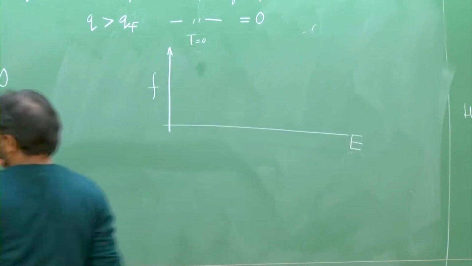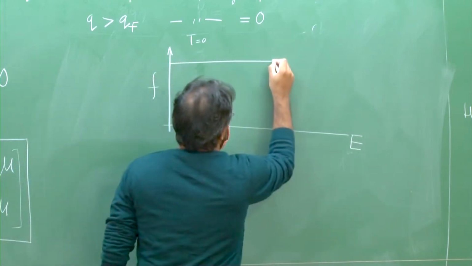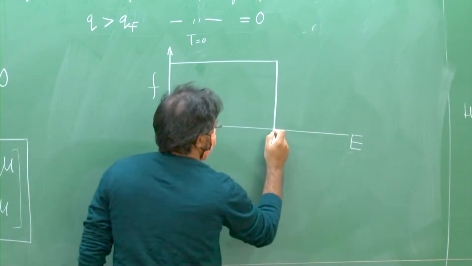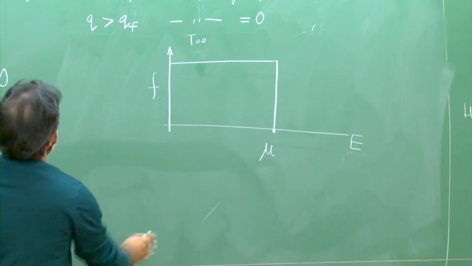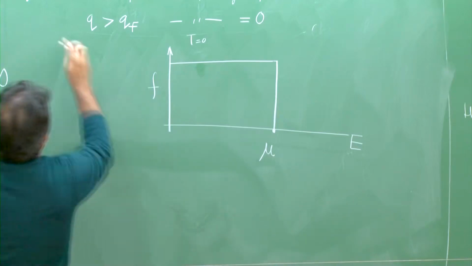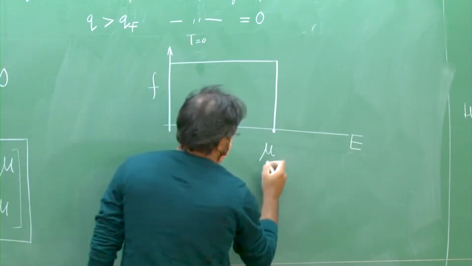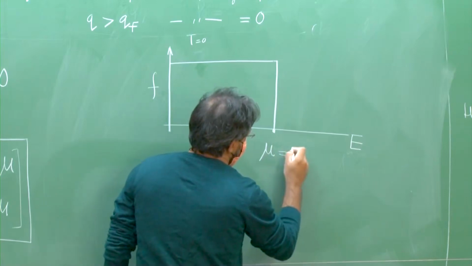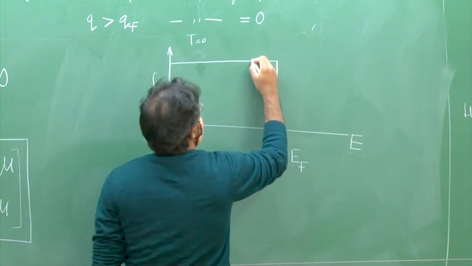It's a step function which looks like this, and this point is mu. We just proved, and we know, that at 0 temperature this is the property of our system also.